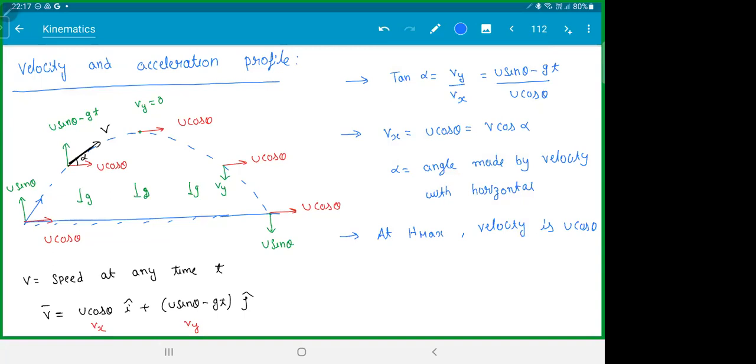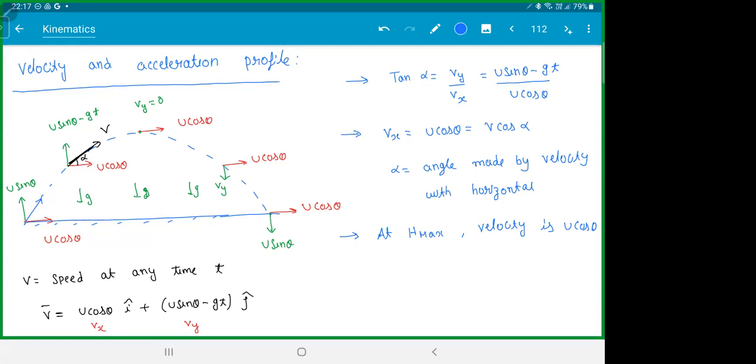This is the velocity and the acceleration profile. We'll do much better questions in the next class, projectile based, but theory is important. Any doubts on this?